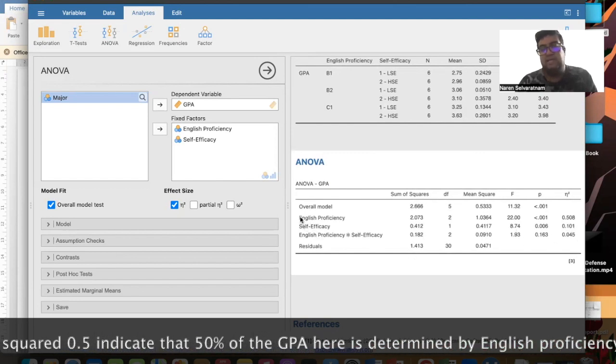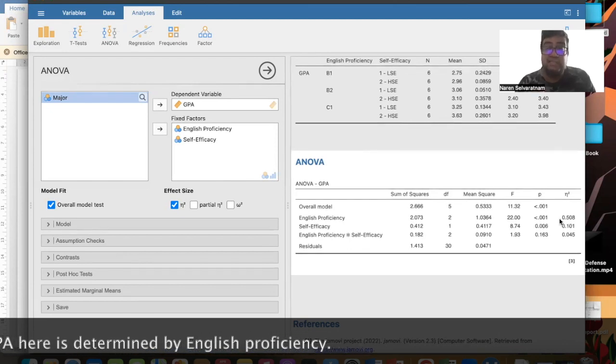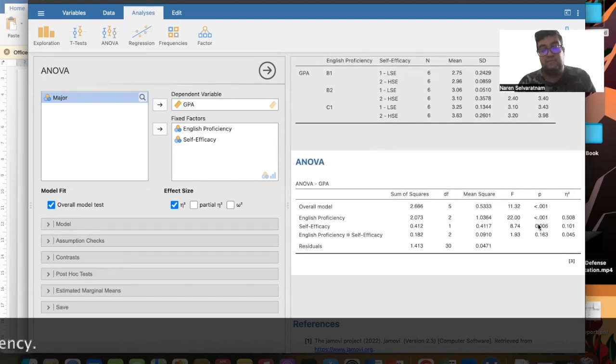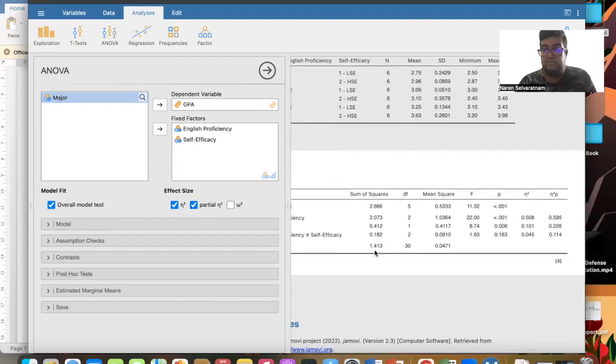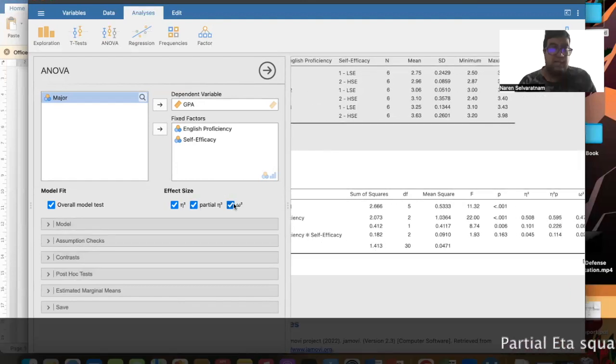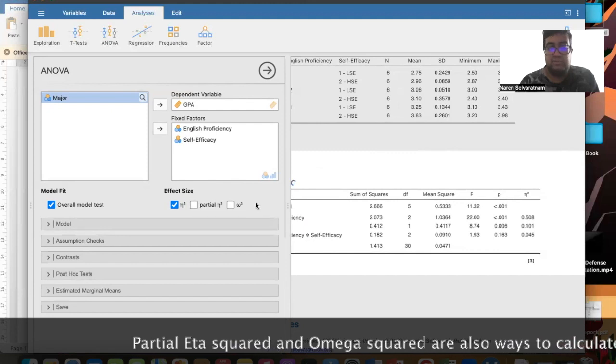So it seems English proficiency has the highest impact depending on these effect sizes as well. There's partial eta squared as well, and then we have another effect size here. But I'm just going to select eta squared. That is more than enough for me.